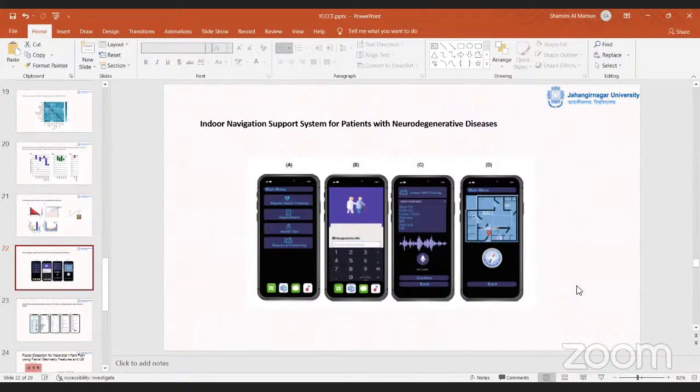There are so many neurodegenerative diseases. With dementia, patients always forget where they were. Sometimes they go to other cabins or other rooms. At home, they go out to the park and do not return home. So we need to support them. On that basis, neurodegenerative diseases, something like ASD or others, can also be helped with these mobile apps.